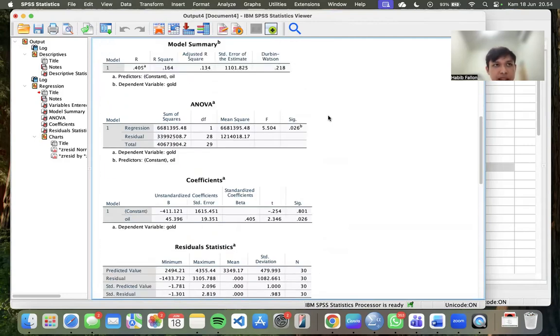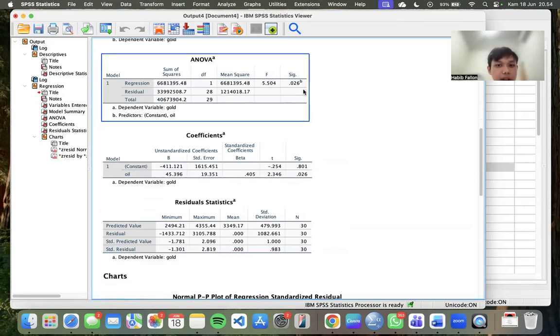The remaining 83.6% is influenced by other factors outside the model. And the Durbin-Watson value is 0.218, indicating positive autocorrelation in the regression model.